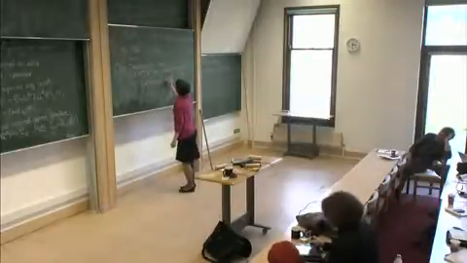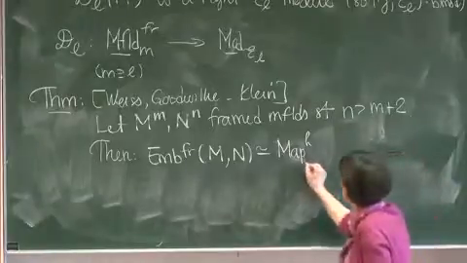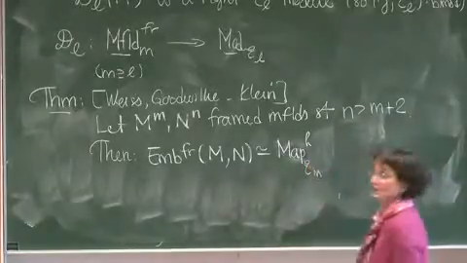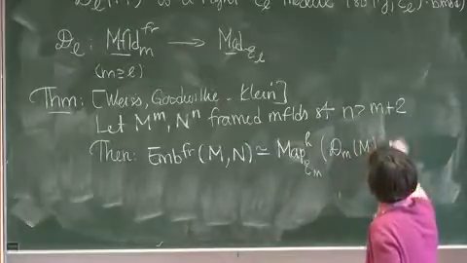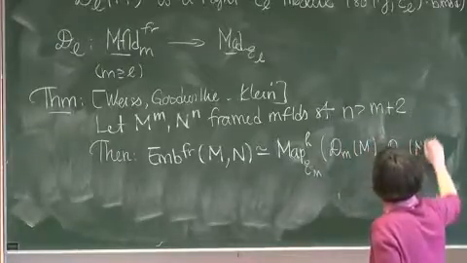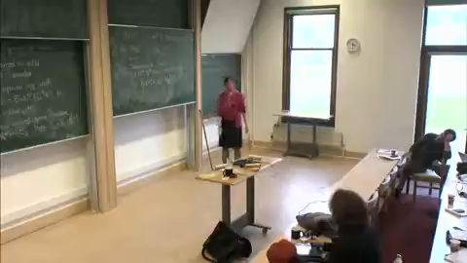Sorry, it's the derived mapping space. I'll put a little H up there to mean derived, now it really is EM from DM. So this really captures a lot of the geometry of the space.